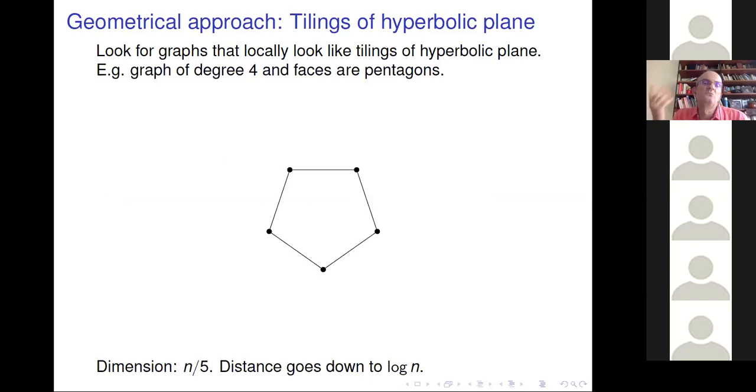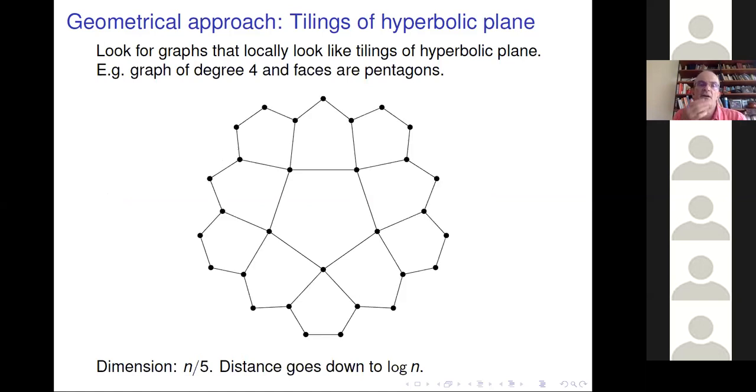So examples of a geometrical approach, well, replace squares by pentagons, for example, and we'll be replacing a tiling of a torus by the tiling of a finite quotient of a hyperbolic plane.